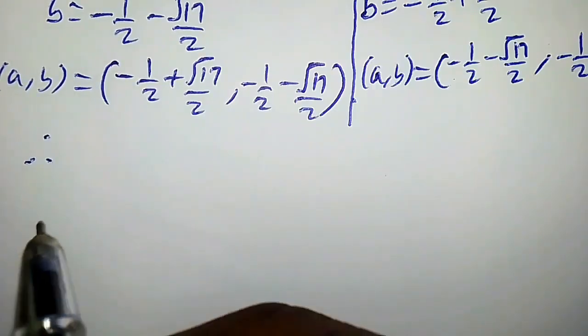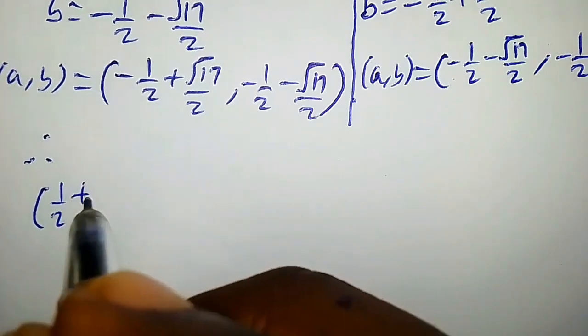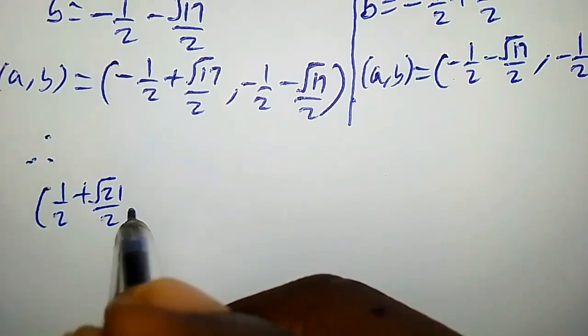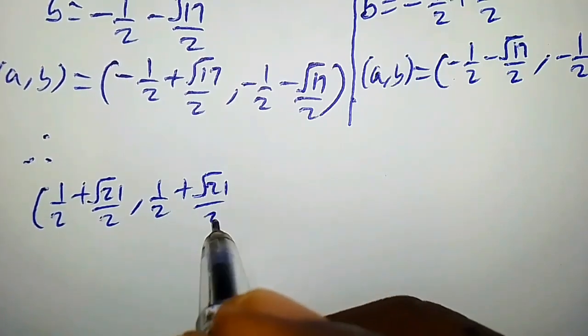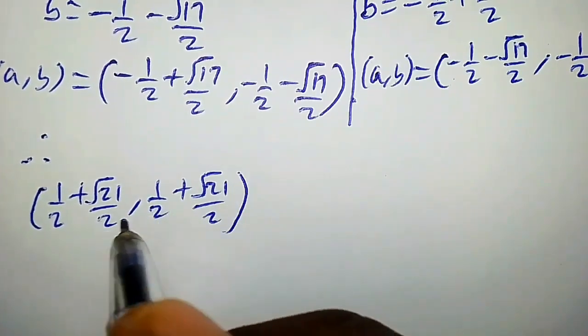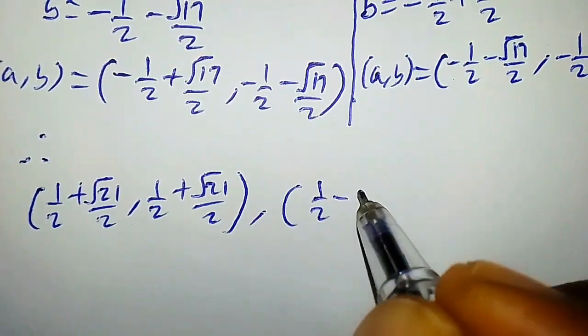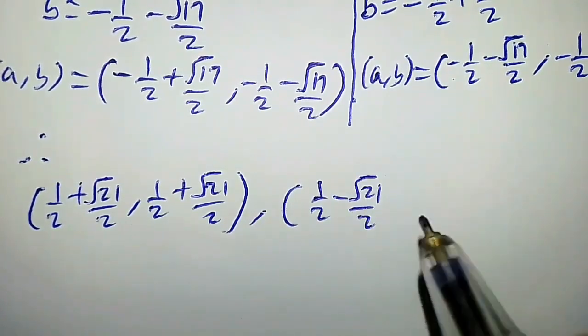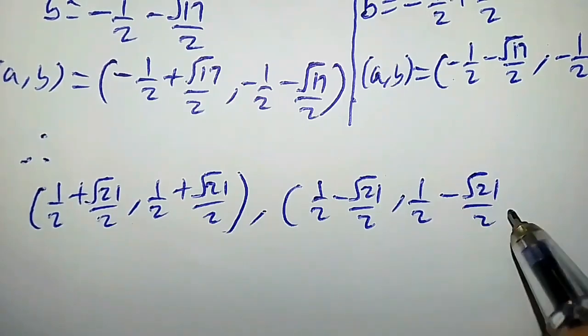Therefore, all the solutions that we have are: the first solution is 1 over 2 plus square root of 21 over 2, comma, 1 over 2 plus square root of 21 over 2. The second solution is 1 over 2 minus square root of 21 over 2, comma, 1 over 2 minus square root of 21 over 2.